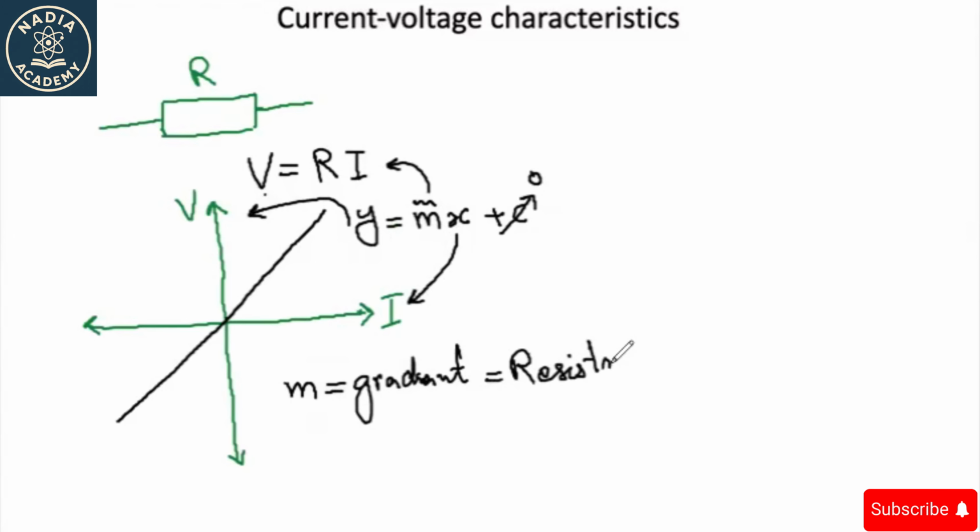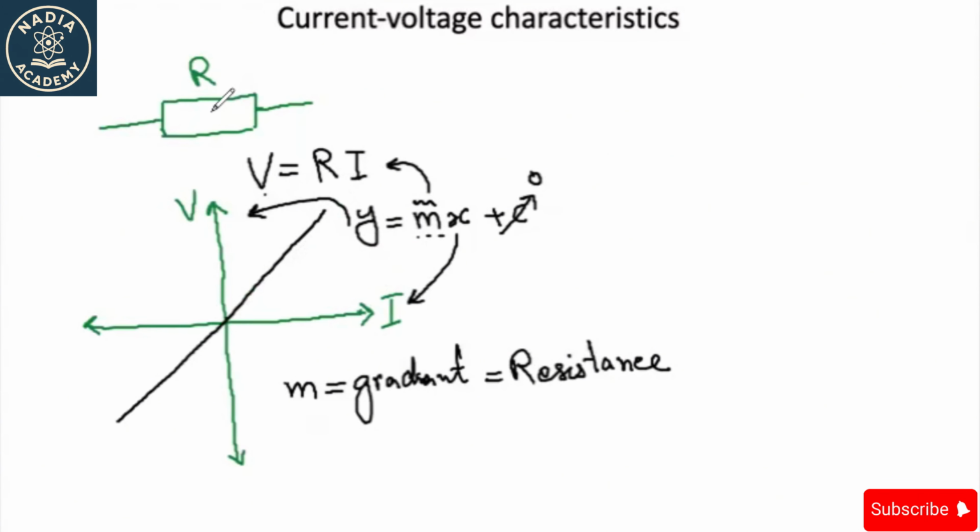Now you can see that if you have a graph, remember this very carefully, the potential difference must be along the y-axis and current along the x-axis. In that case, the gradient of your curve gives us the resistance value of the conductor, and you can see that the gradient is constant.